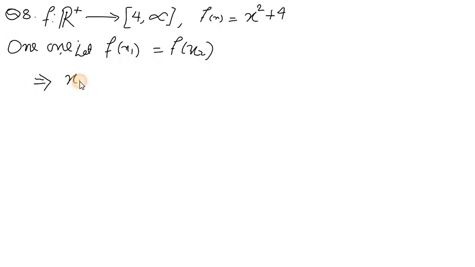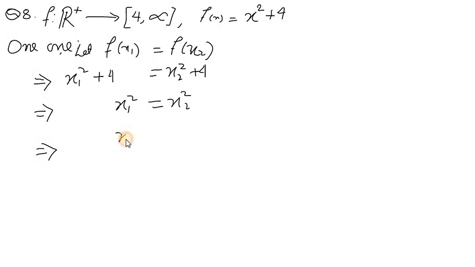This will be x1 square plus 4 is equal to x2 square plus 4. So this implies x1 square equals x2 square. Now you take the positive square root of this, so you get x1 equal to x2. Okay, that is the thing. So therefore f is 1-1.